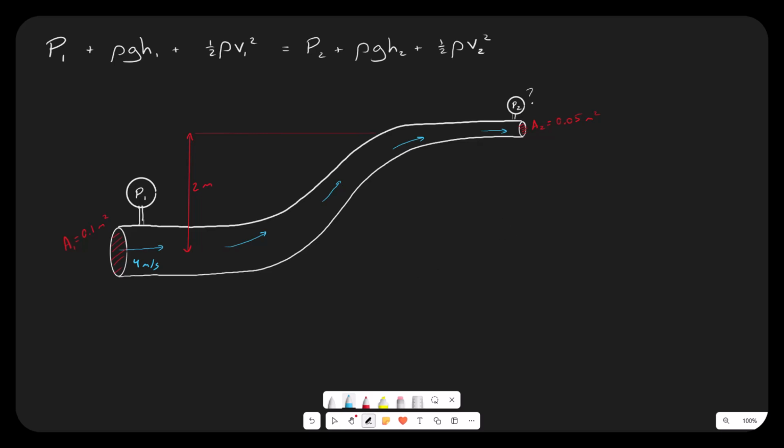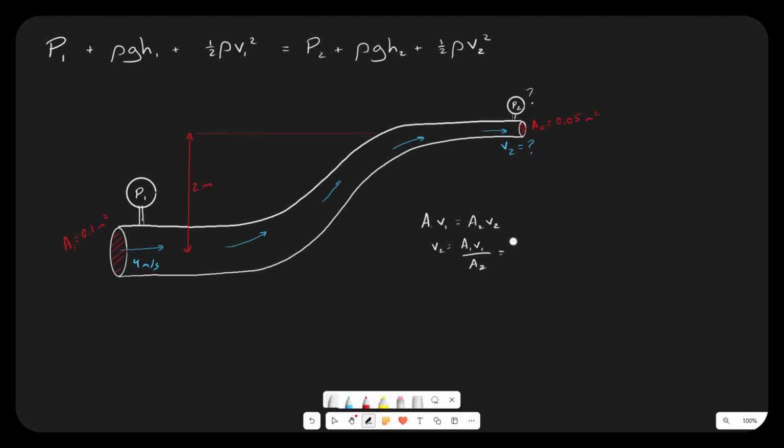First, I'm going to use my flow rate equation. My flow rate equation says area 1 times V1 equals area 2 times V2, and that's going to let me find the speed up here. So V2 is A1V1 over A2.